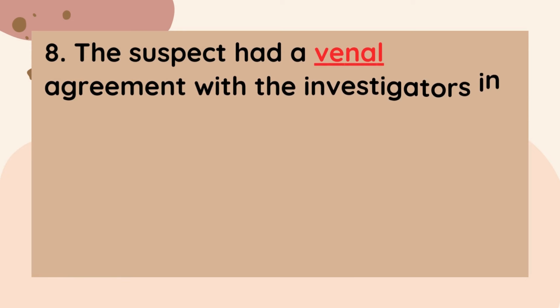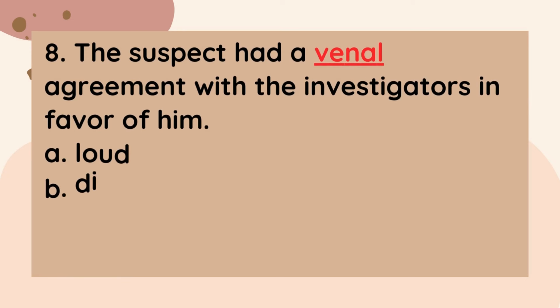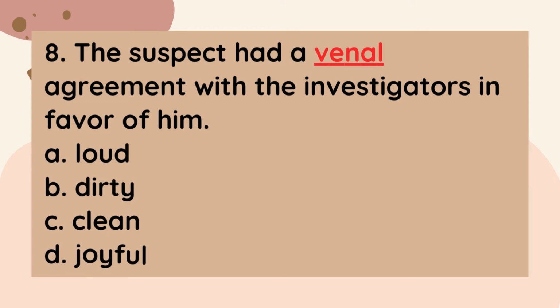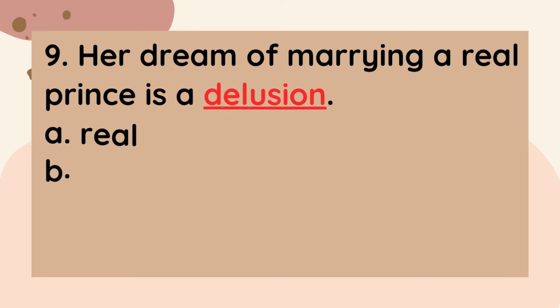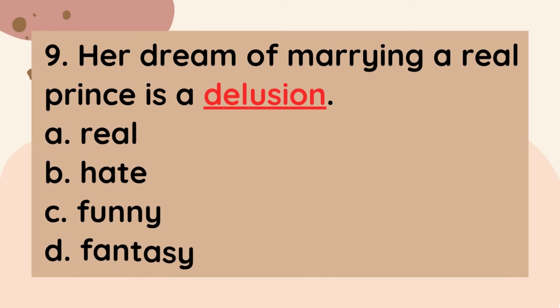Number 8, the suspect had a venal agreement with the investigators in favor of him. A, loud. B, dirty. C, clean. D, joyful. Number 9, her dream of marrying a real prince is a delusion. Letter A, real.